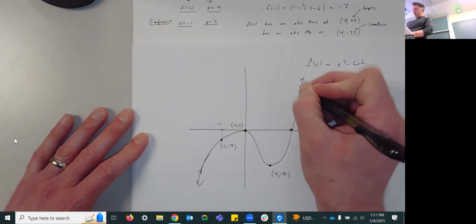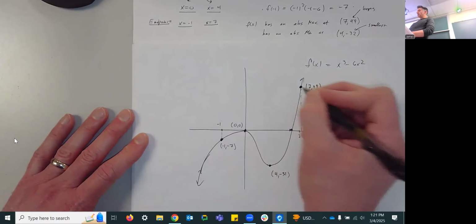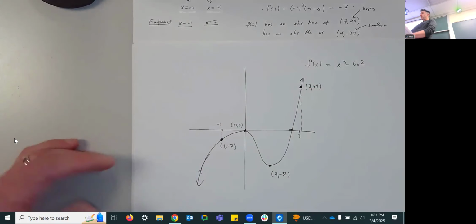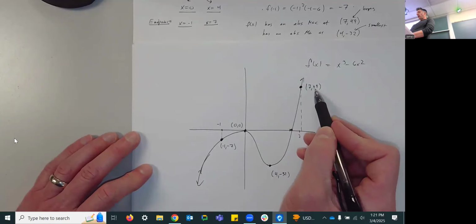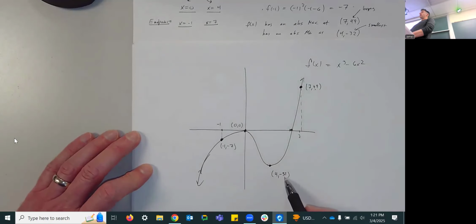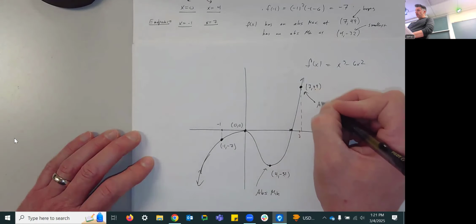So if we restrict the function to starting here and ending here, it's a little easier to see that, oh yeah, 49 is the largest possible output value we get. And negative 32 is the lowest possible output value we get. So that's our absolute minimum, and that's our absolute maximum.